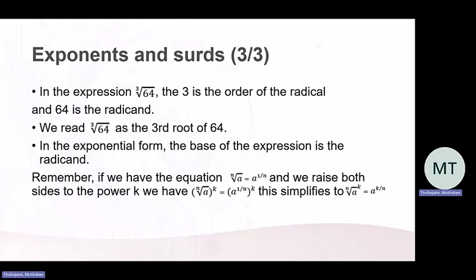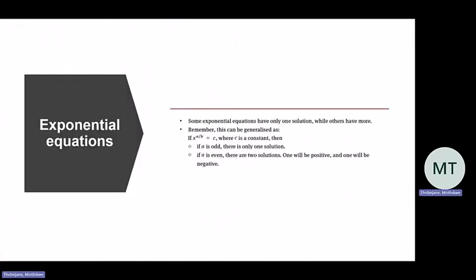But before we go into the actual solving of the problems, it's very important to understand these basics, right? The nth root of a particular number, in exponential form, you'll say that number to the power of 1 over n. That's very important. Let's proceed.